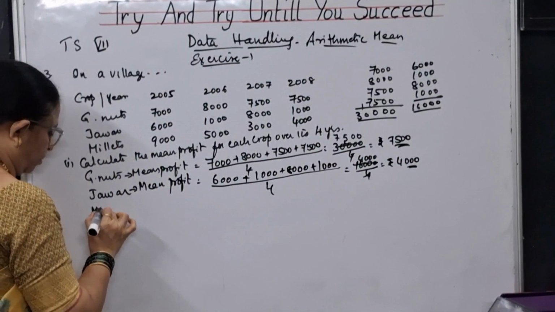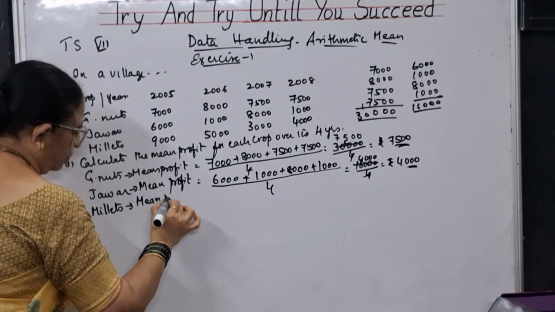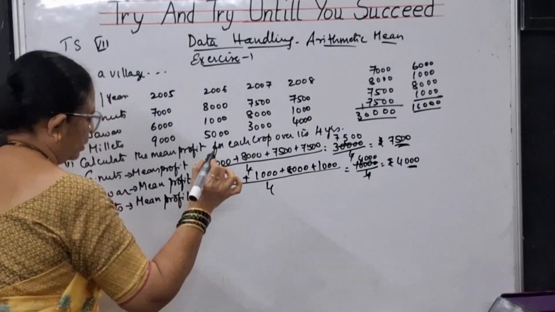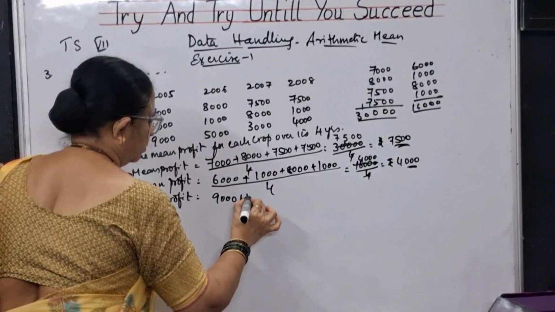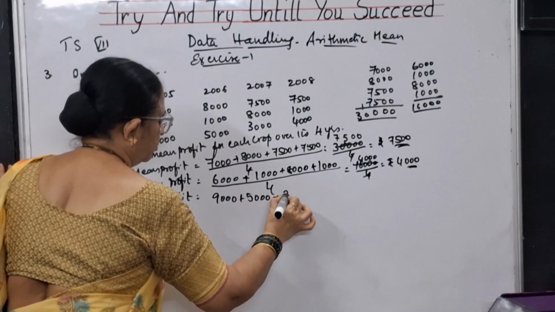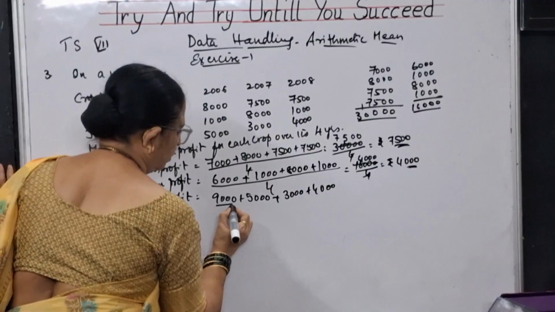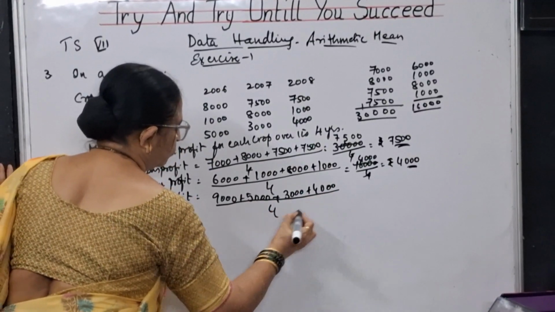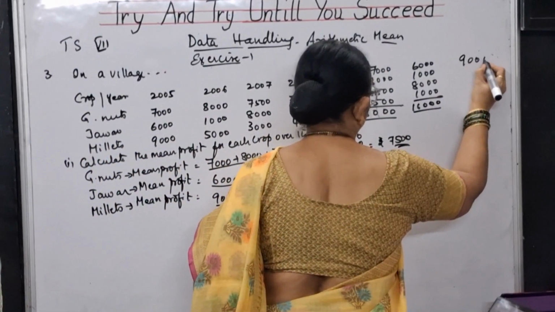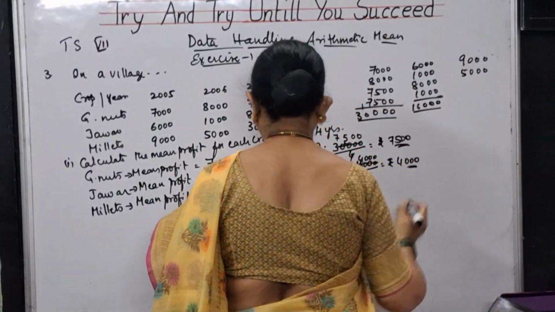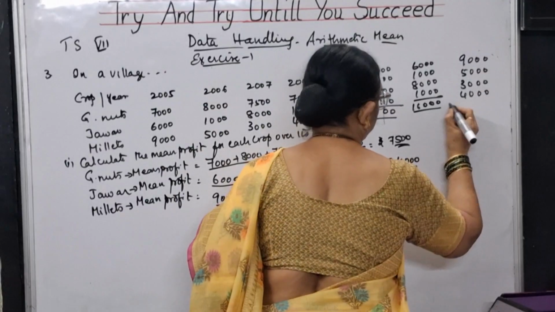Now millets mean profit: 9,000 plus 5,000 plus 3,000 plus 4,000, by 4. So 9,000, 5,000, 3,000, 4,000.